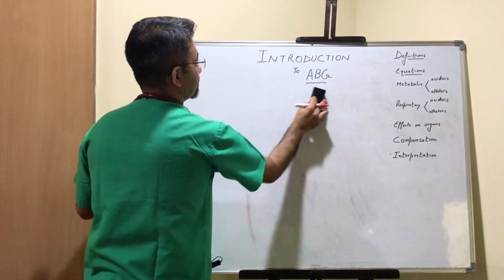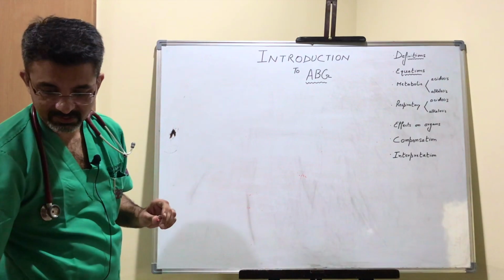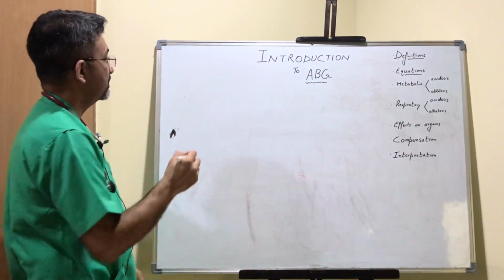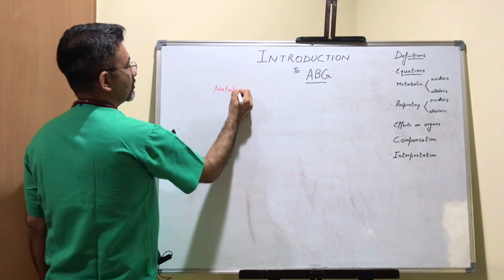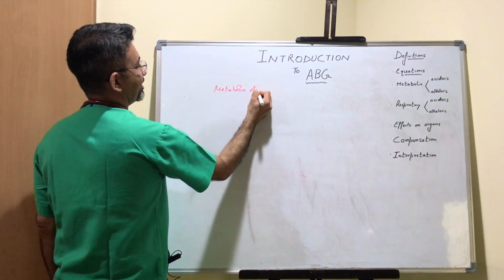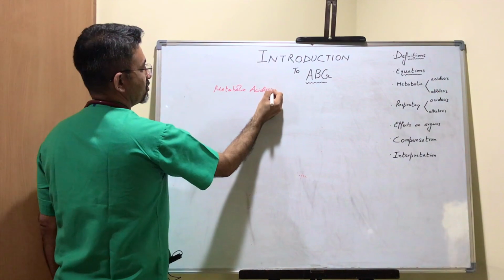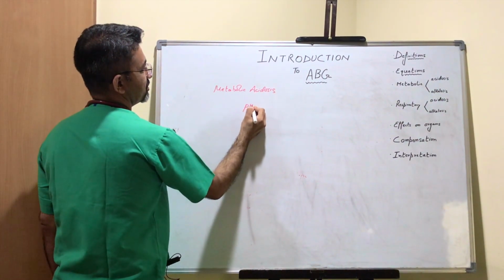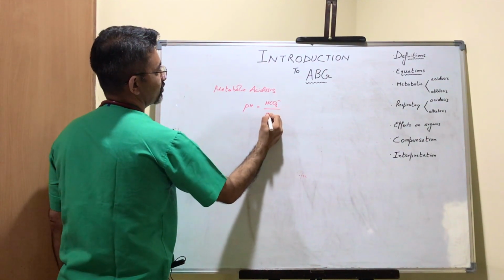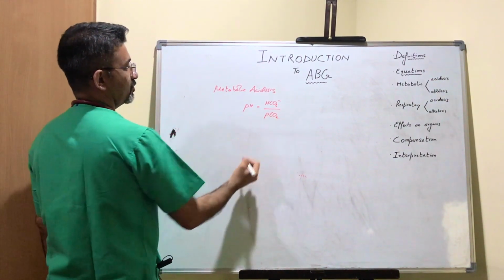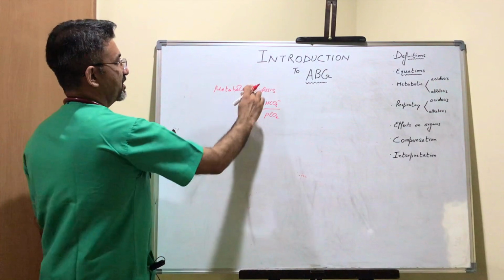Now we touch metabolic alkalosis. In metabolic alkalosis, again we apply our HH equation, that pH is equal to HCO3 by PCO2.